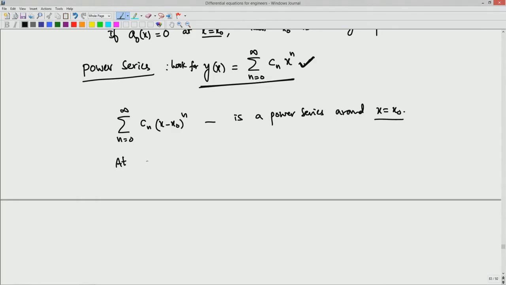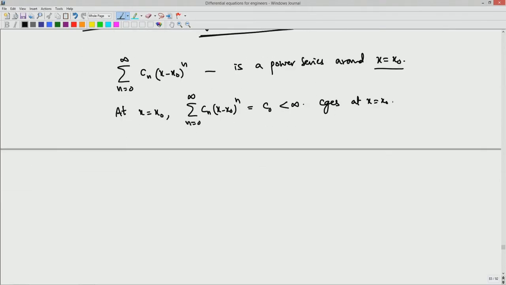At x = x0, the value is Cn (x - x0)^n = C0, which is finite. So it converges at x = x0.